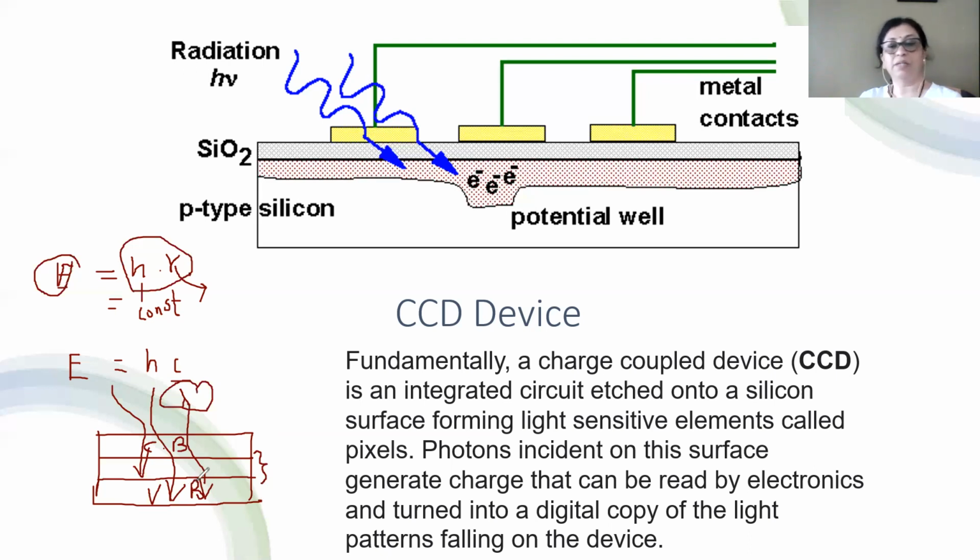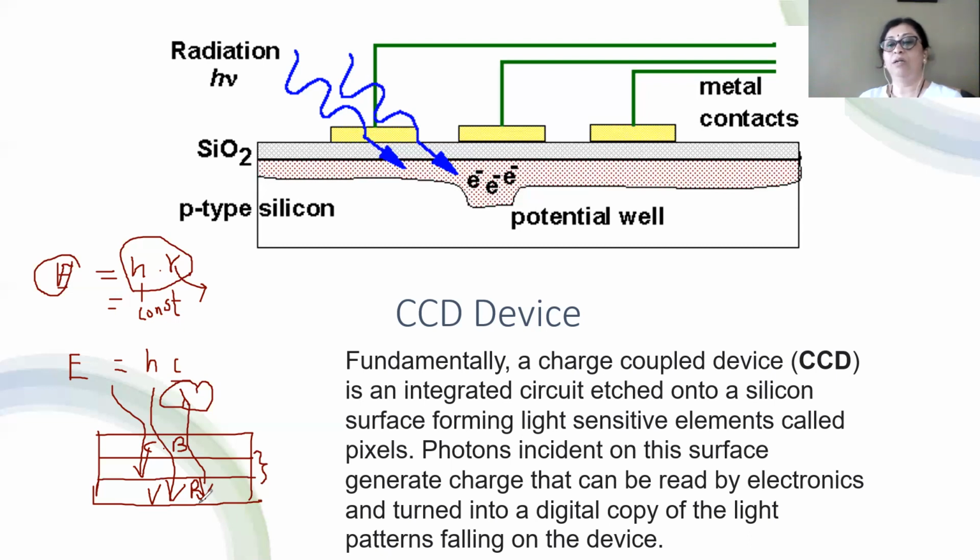If this condition is satisfied, then the photons present in the radiation will impart energy to the electrons in the valence band. The electrons in the valence band will get energy and be elevated to the conduction band. Like this, electrons are formed where the light is incident.